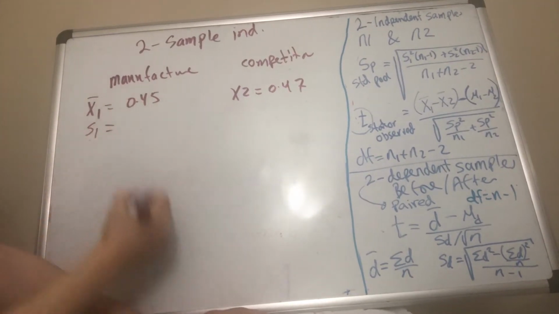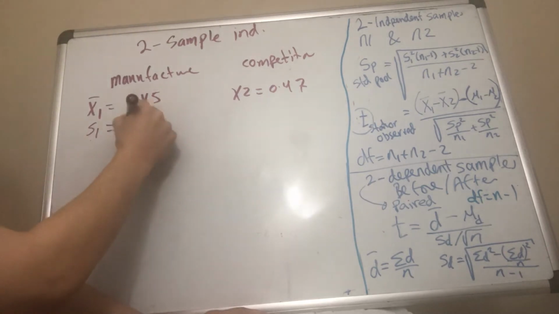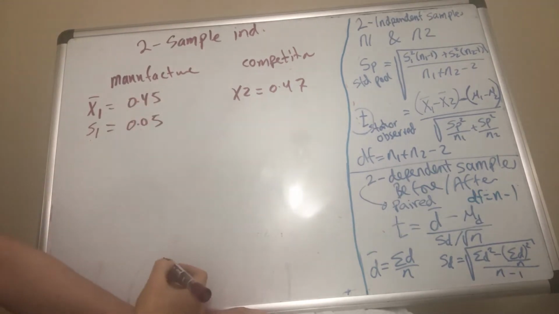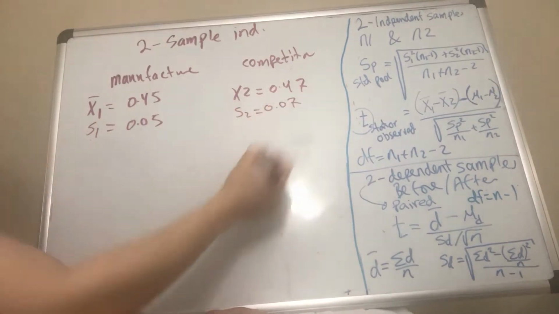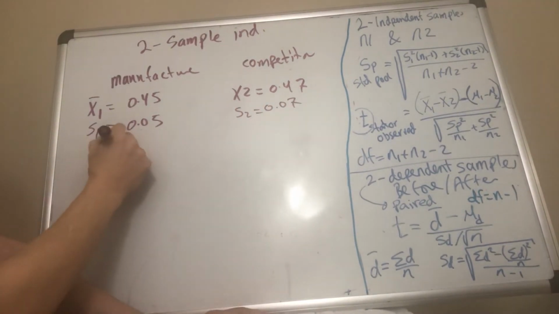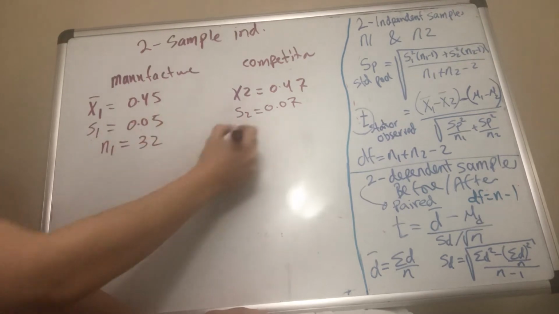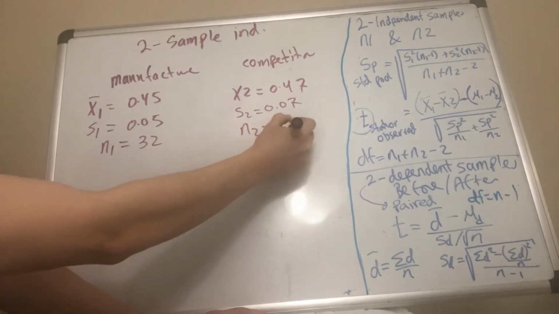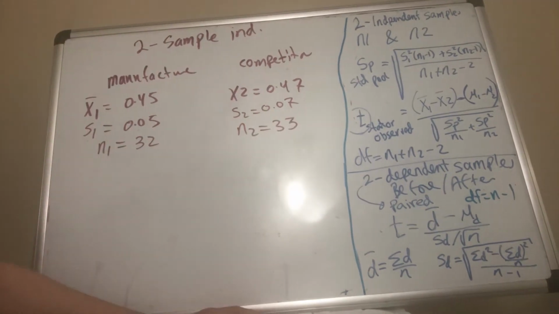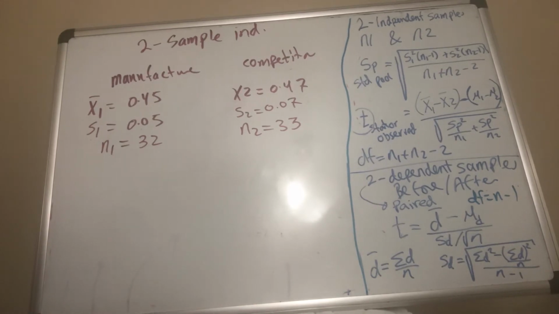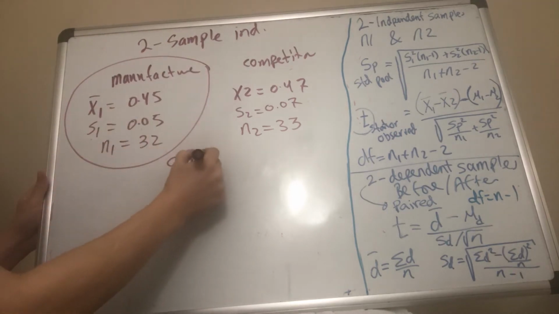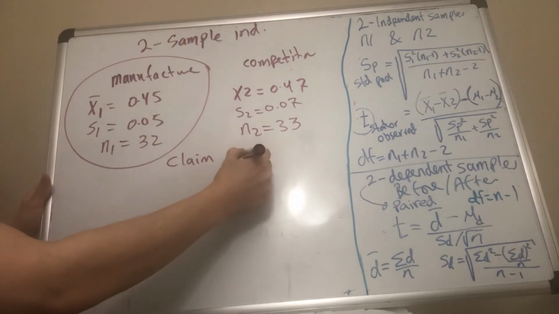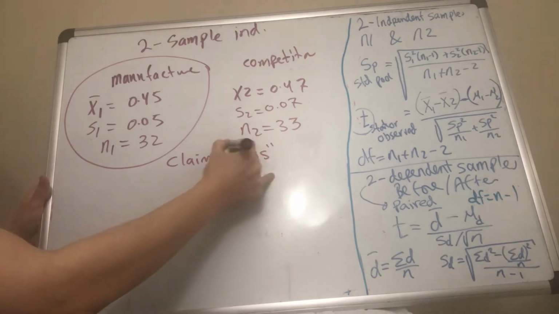Standard deviation here is 0.05. Here is 0.07. Sample 1 is 32. Sample 2 is 33. So now we know it's an independent system, and remember, the claim for the manufacturer is that it's actually less.